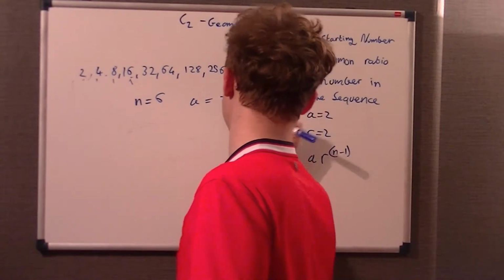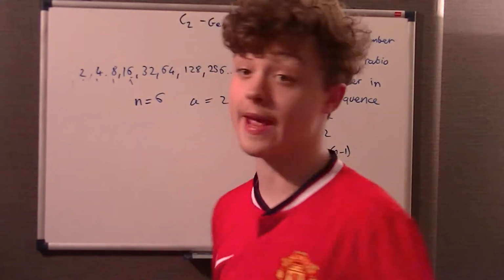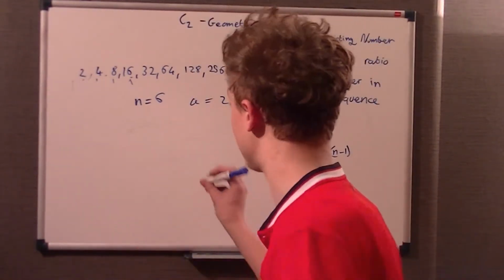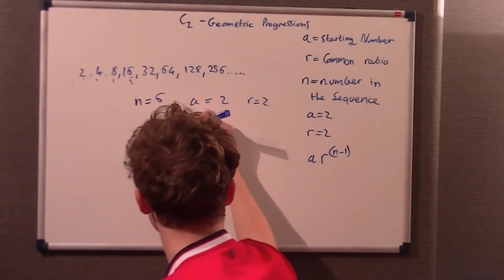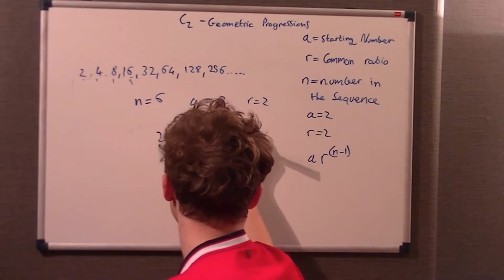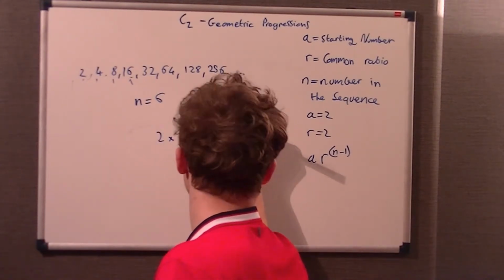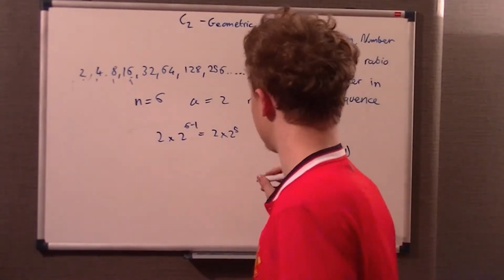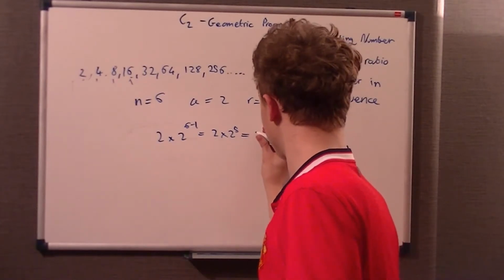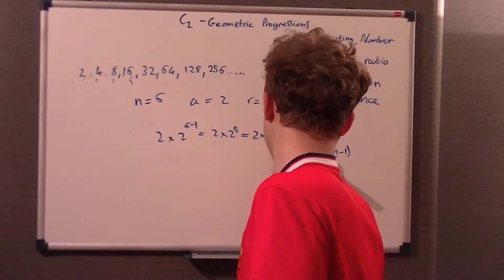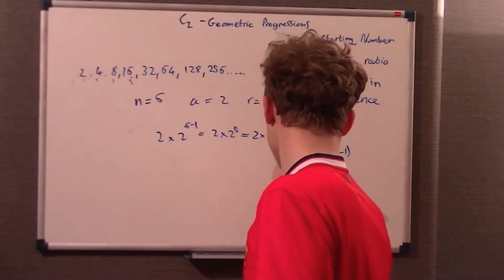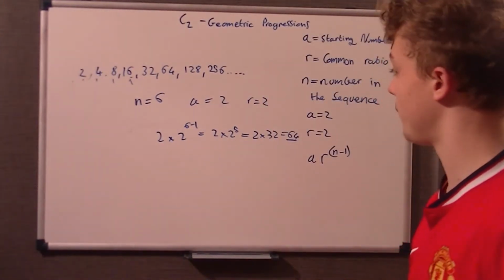This hasn't changed. We put this into the formula, ar to the power of n take 1, so 2 times 2 to the 6 take 1, equals 2 times 2 to the 5, equals 2 times 32, equals 64. Hopefully that's proved it to you.